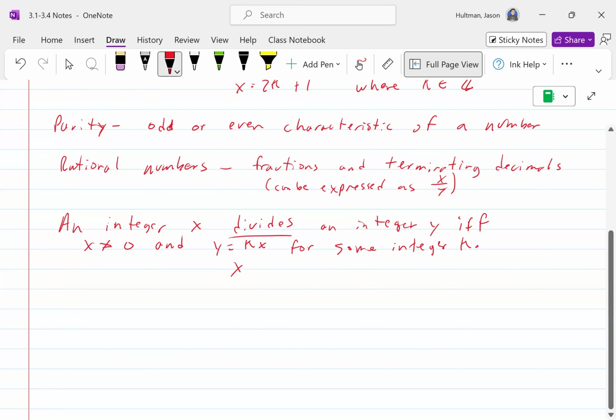The notation x with a vertical bar and then y, x bar y, denotes x divides y.